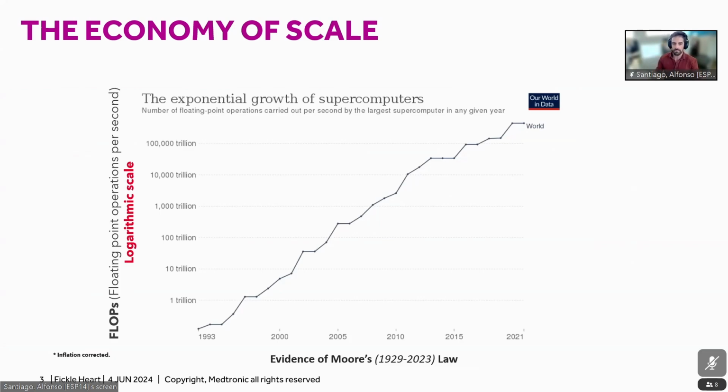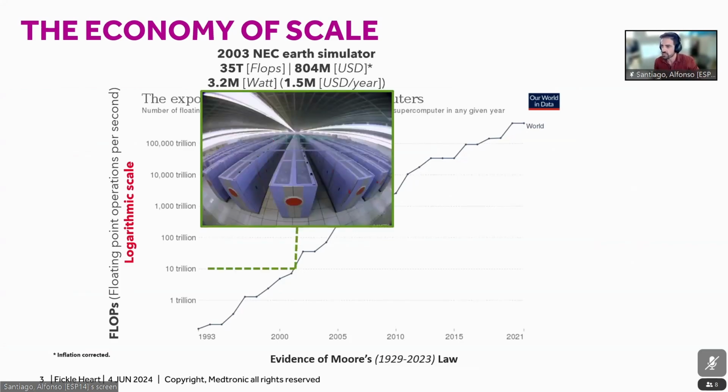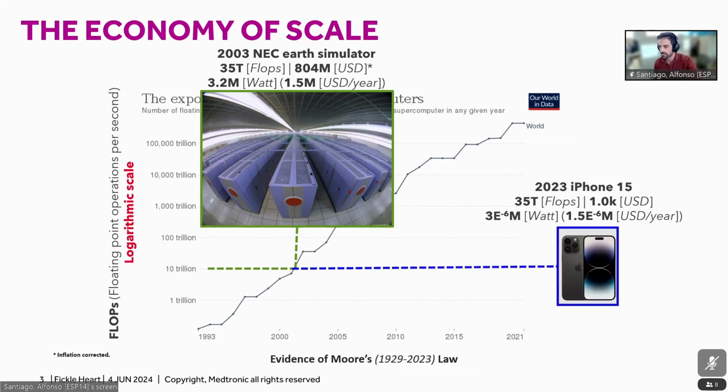So just to have that in mind, the fastest computer in the world in the year 2003 was the Japanese Earth Simulator. That computer had 35 teraflops. The price of that computer was $800 million. It consumed 3.2 million watts, and the electrical bill was $1.5 million a year. Today, you can get 35 teraflops with an iPhone 14 for $1,000.